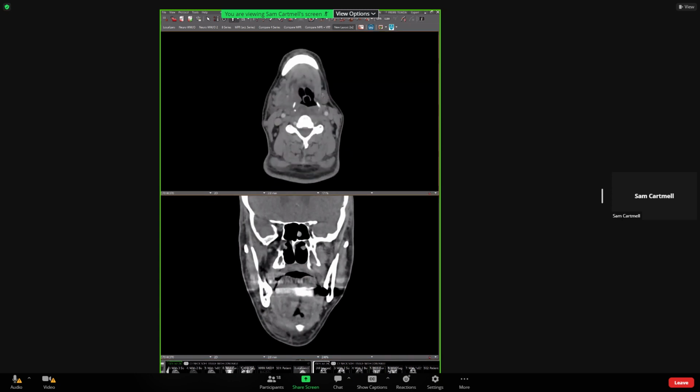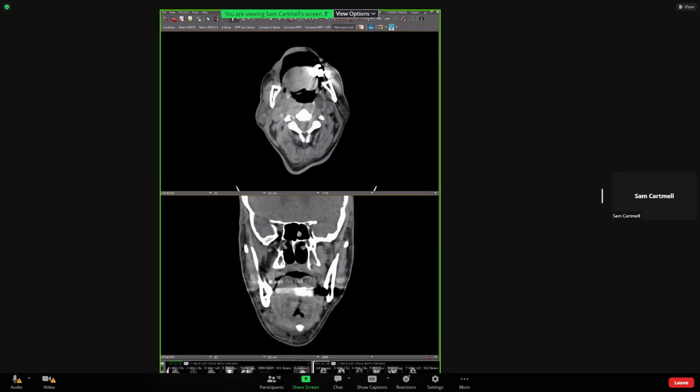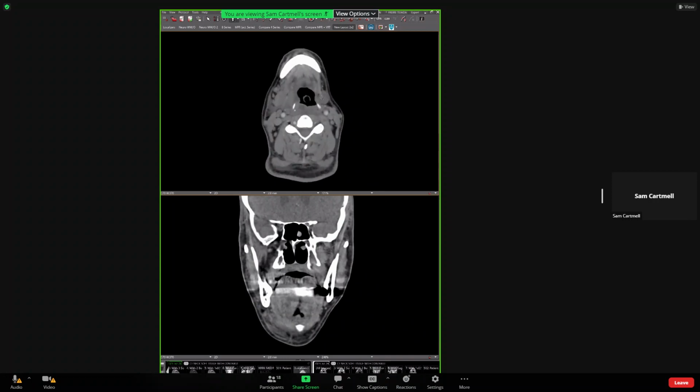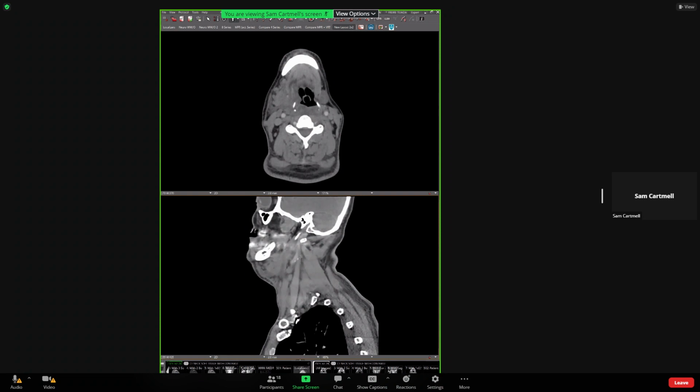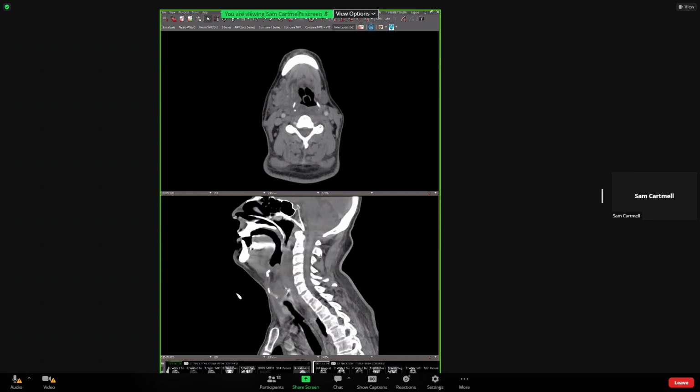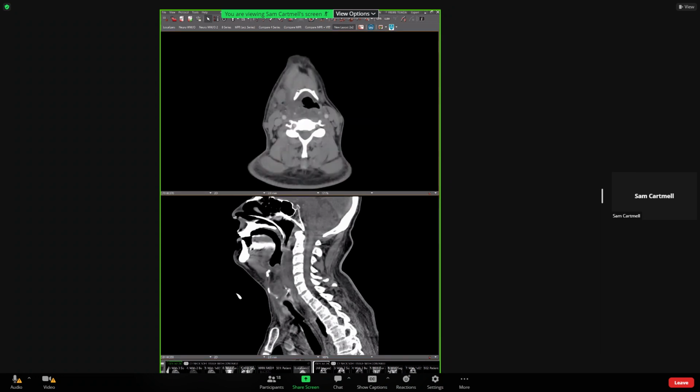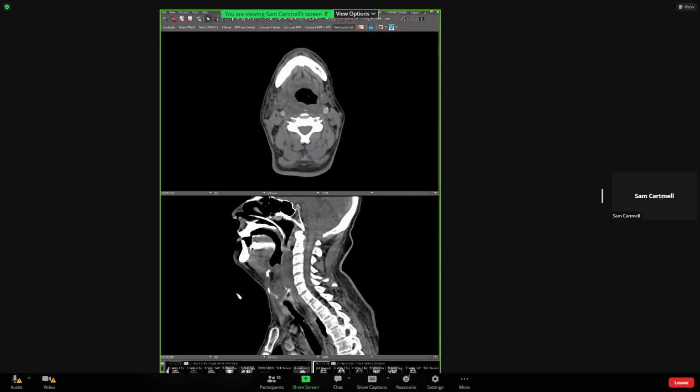That looks kind of symmetric, but there's one other big finding here, which I'm showing in this image and maybe this image, that you want to be very cognizant of, which is in addition to the pharyngeal edema, you have the retropharyngeal edema, right?